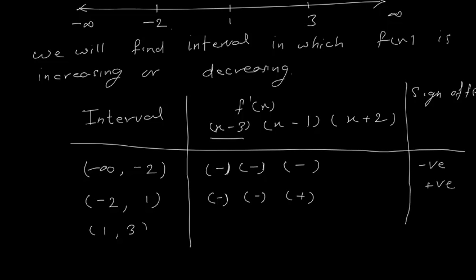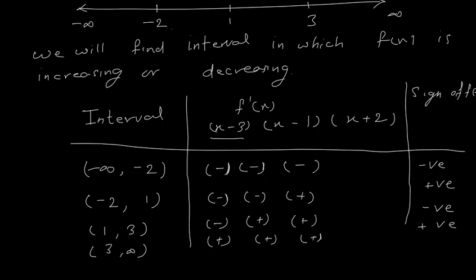Take the value 2. The first term is negative, the second is positive, the third is positive, so the final answer is negative. For values between 3 and infinity, take say 4; everything is positive, so the answer is positive.